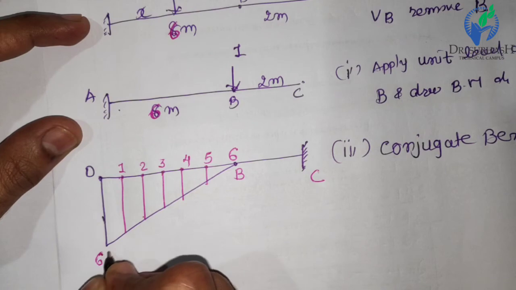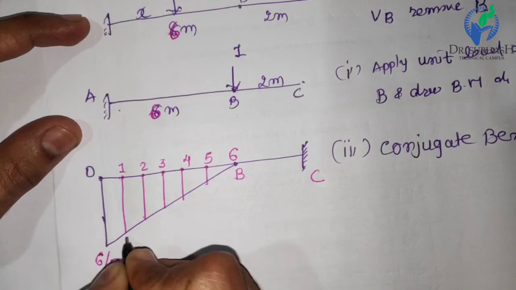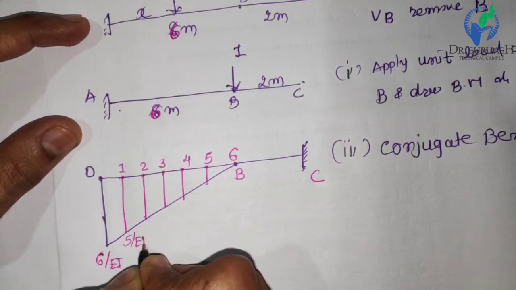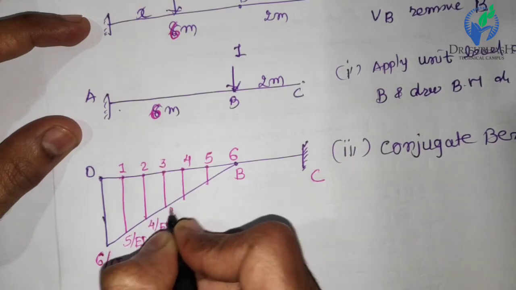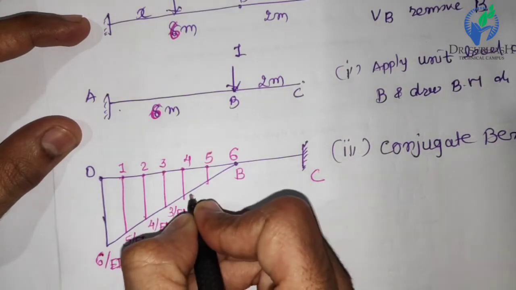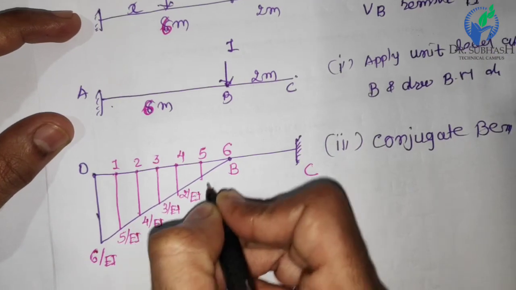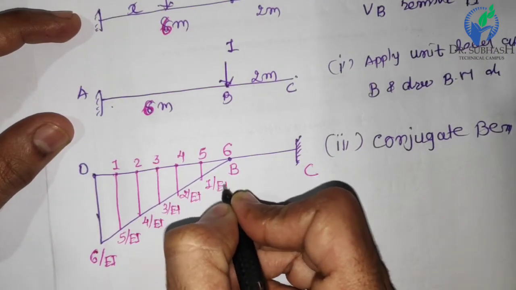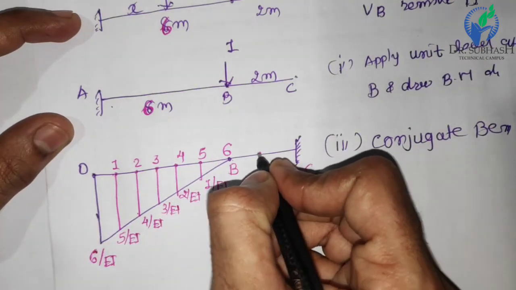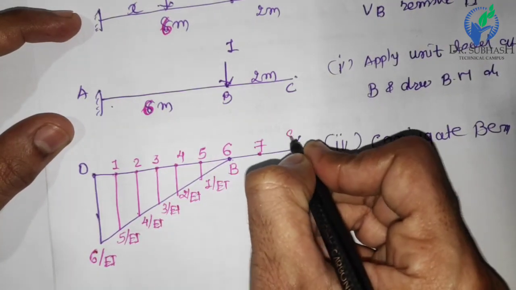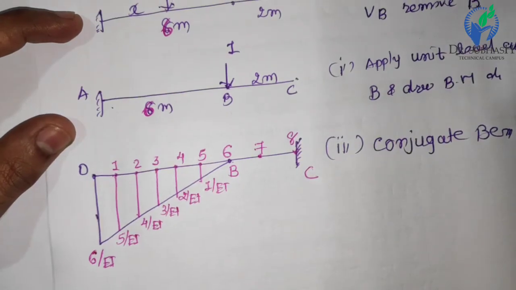So this one is 6 by EI, this is 5 by EI, 4 by EI, 3 by EI, 2 by EI, 1 by EI and 0. This is our 0, and this is 7 and this is 8. So total 8 meter span is there.